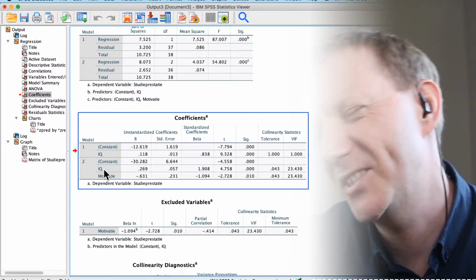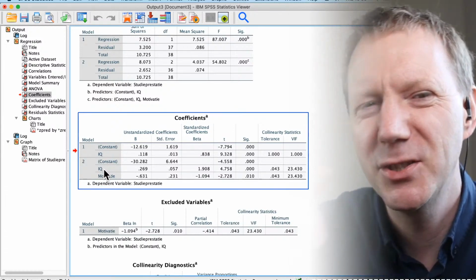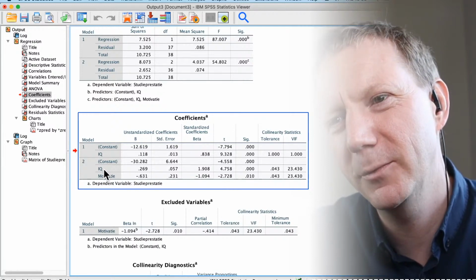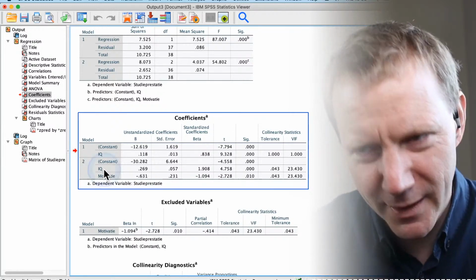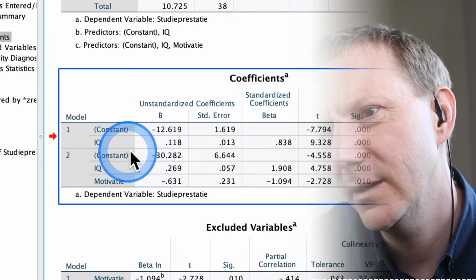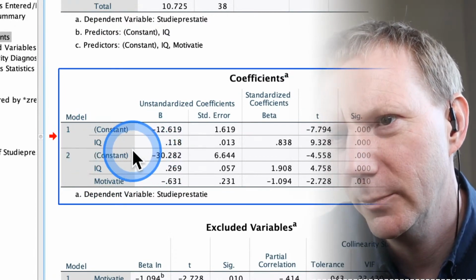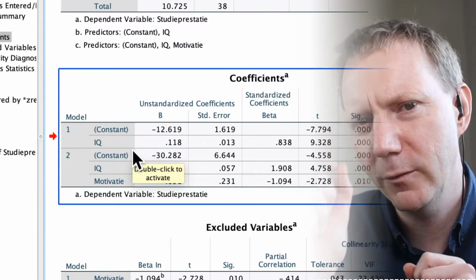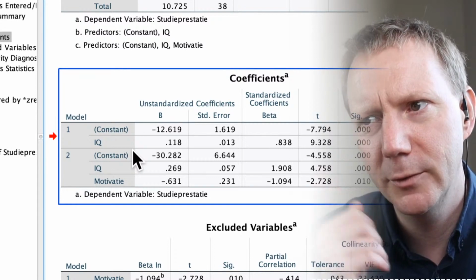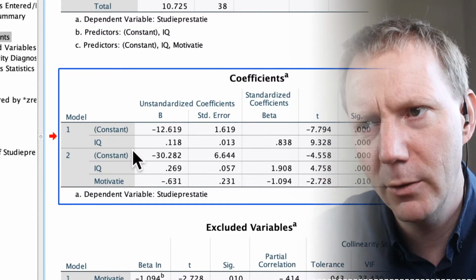Okay, let's choose the second one, because if I choose the first one, we'll be stuck with a simple regression, and we won't have the multiple regression. So I'm going to look at the beta coefficients for the second model, just to get it into the framework of what we need to interpret in terms of our regression coefficients.